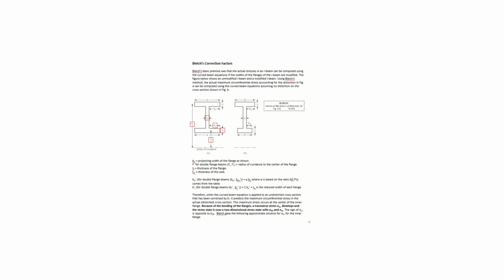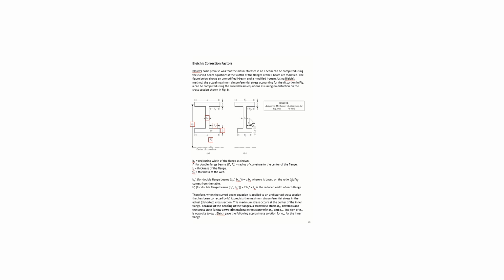There's a method known as Blaikes correction factor that addresses this issue. Essentially what it does is it converts the original I-beam or flanged thin web beam to a beam that would compare to that actual I-beam when the stresses were computed.